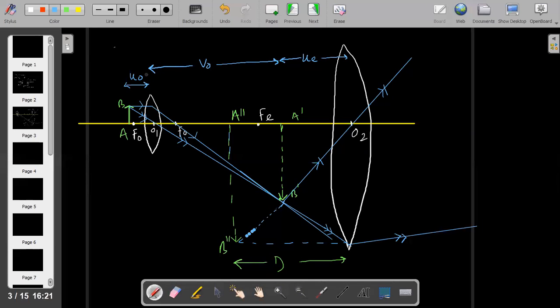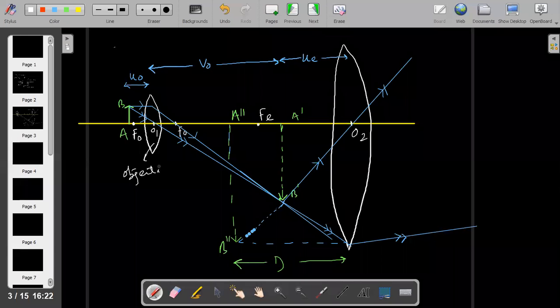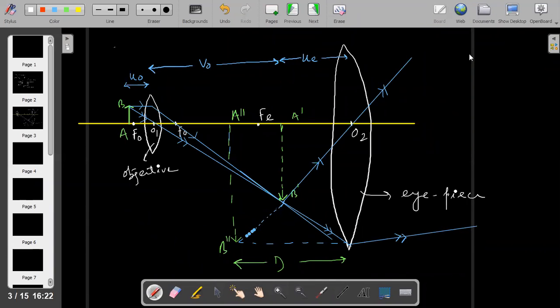Clear, just draw. Draw this is the eyepiece, this is the objective. Draw the diagram.